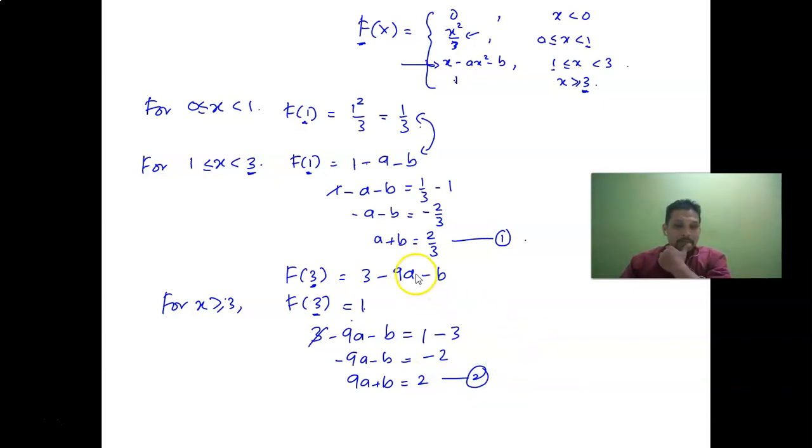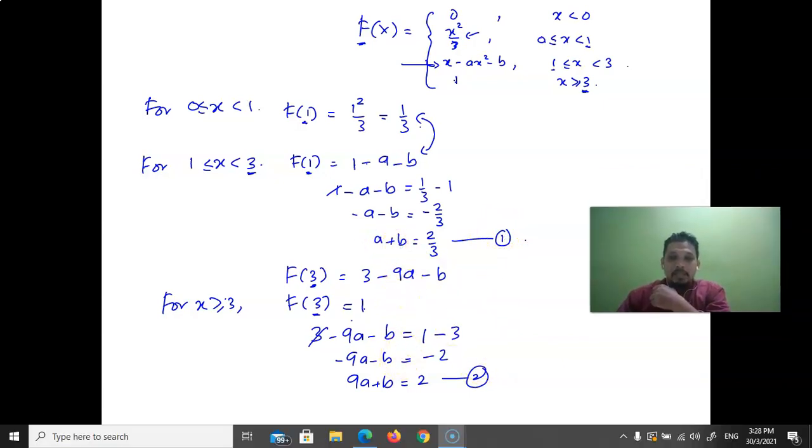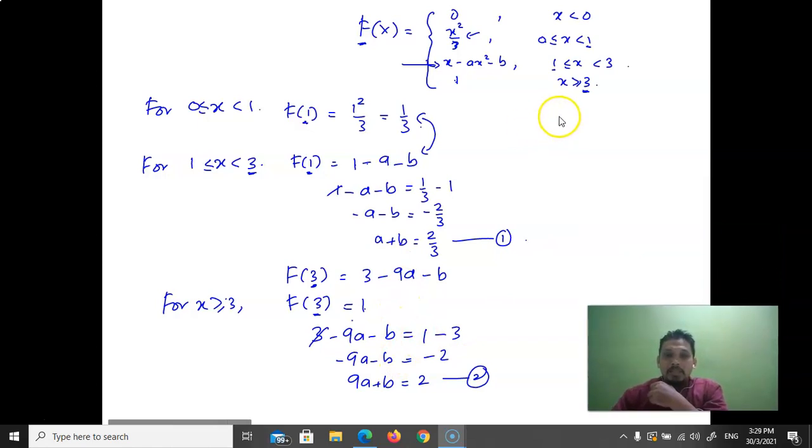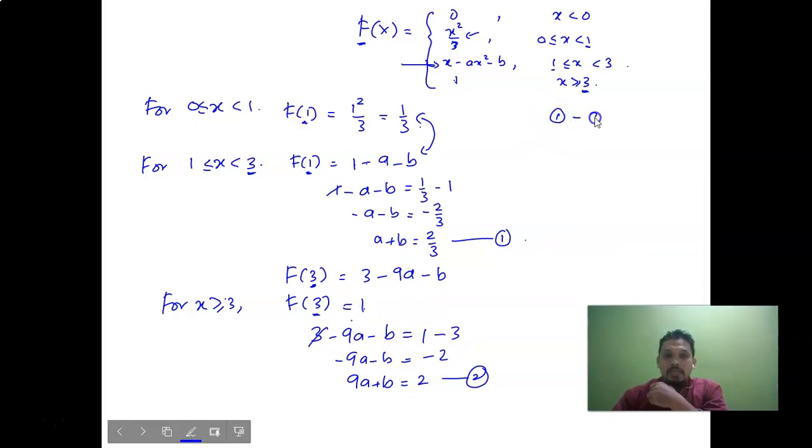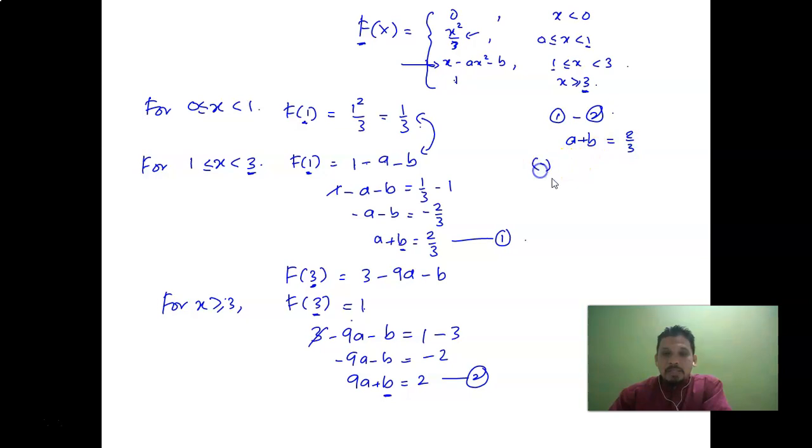Okay. So from these two equations, equation 1 and equation 2, there are two variables, a and b. Now let's say equation 1 minus equation 2, b minus b. So a plus b equal to 2 over 3, minus 9a plus b equal to 2.